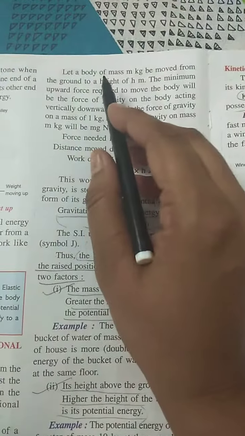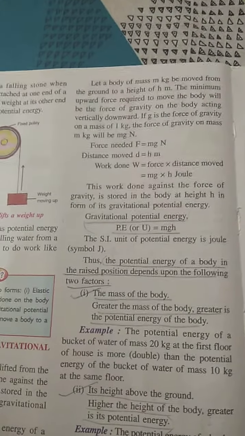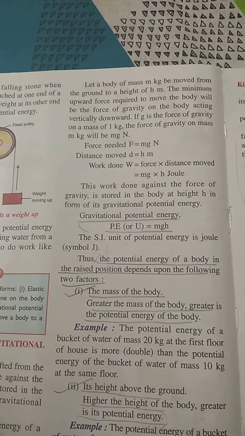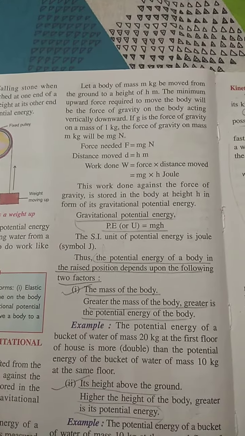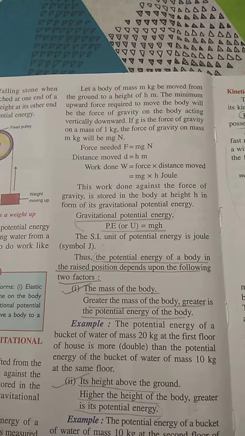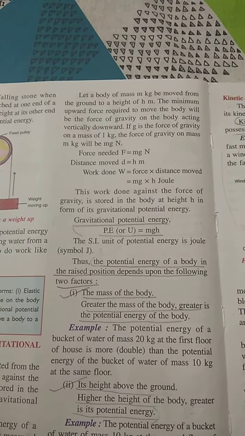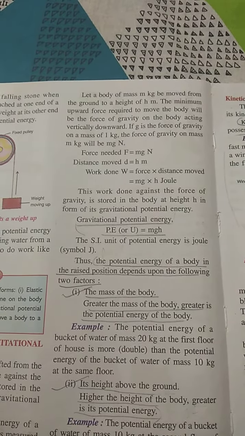Let the body of mass m kg be moved from the ground to a height h meters. The minimum upward force required to move the body will be equal to the force of gravity on the body acting vertically downwards.